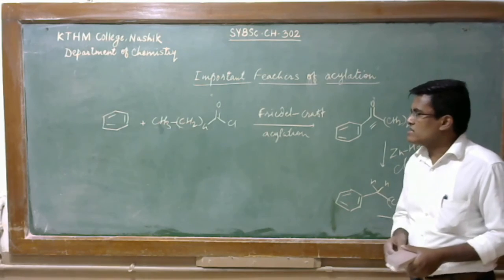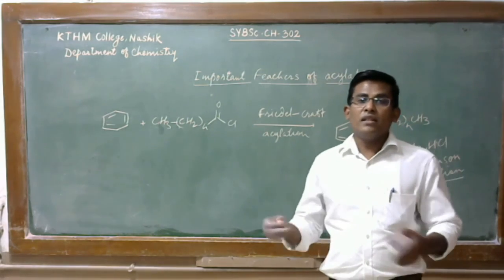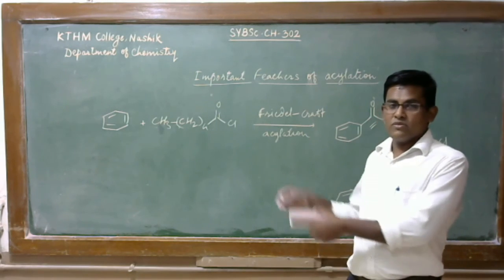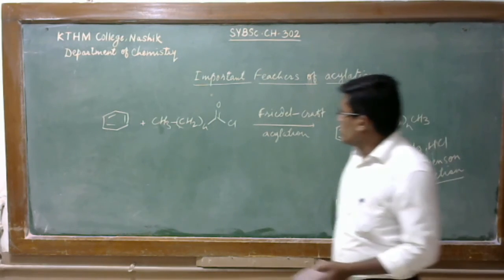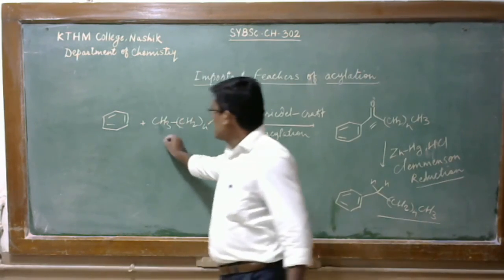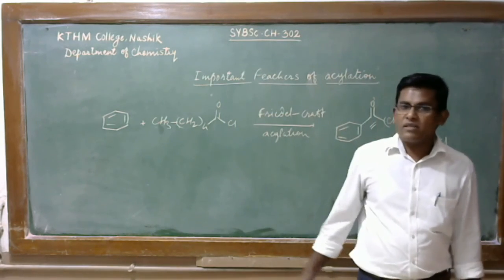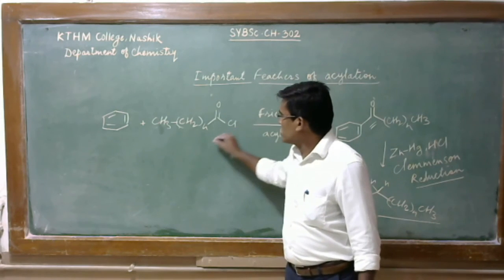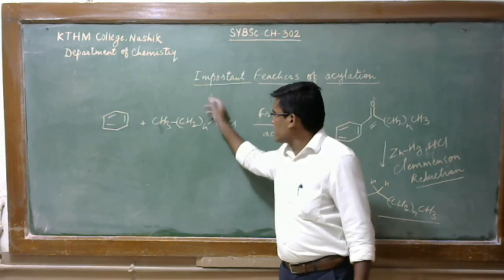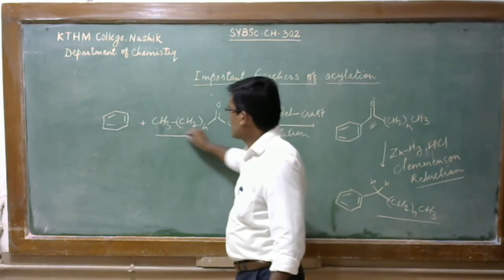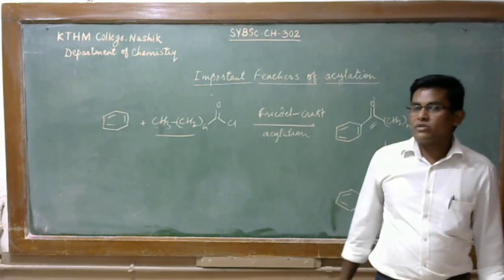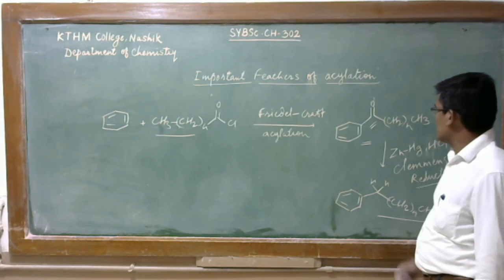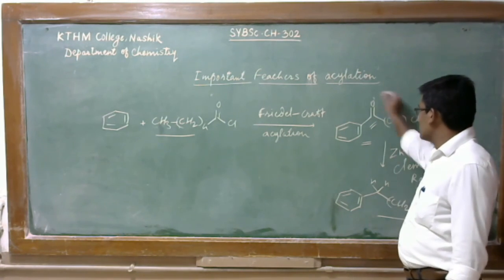Next, we can introduce a long alkyl chain into the benzene ring. In this reaction, when benzene reacts with this acetyl chloride, which has the alkyl group, we can introduce it to give this acetyl product, this ketone.